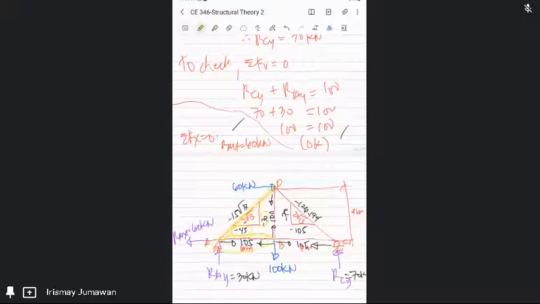So 60 plus 45, it is compression, the balance is 105. That is tension. So that gives 0.